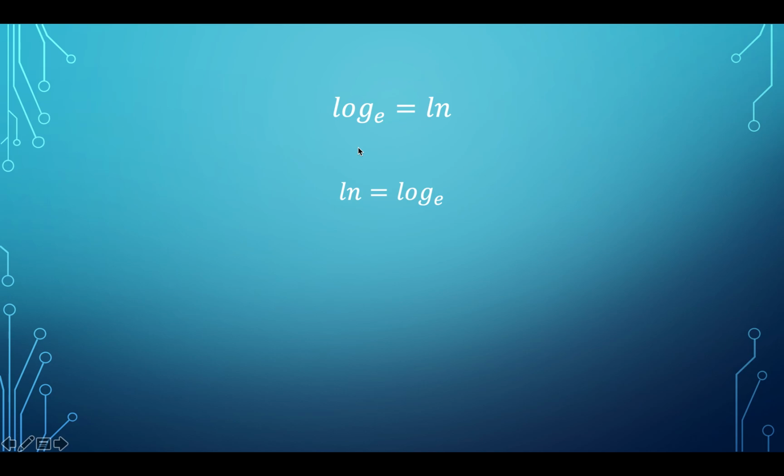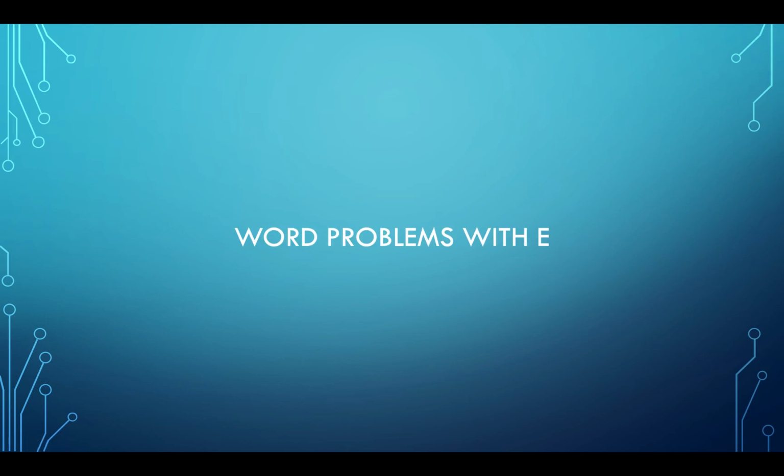Now, this is the key to remember here. Anytime you see log base e, it's equal to ln, and anytime you see ln, that's equal to log base e. Also, in your quiz tomorrow will be some word problems with e. Those are like the problems we went over on Monday with population growth, tracking how much medication's in a patient's body after a certain amount of time, radioactive decay.